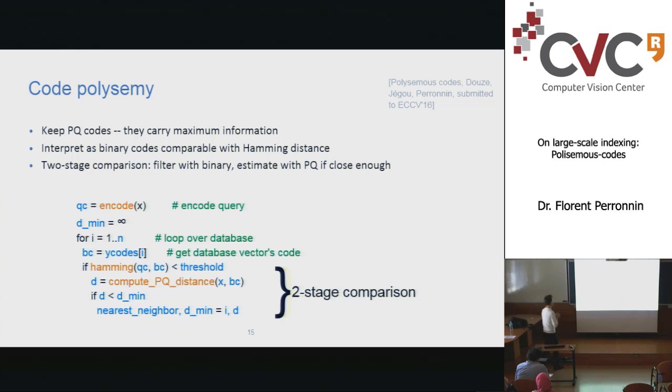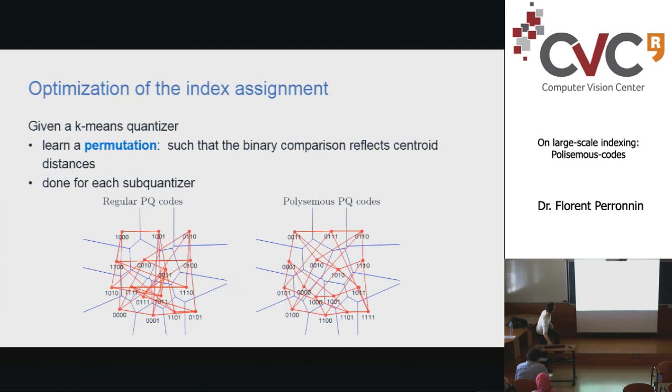And now what we do is we interpret these PQ codes as binary codes. This is exactly what we showed here. Instead of writing code 0, code 1, code 8, we wrote them in the binary format.